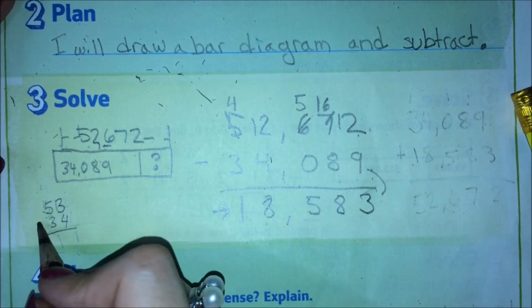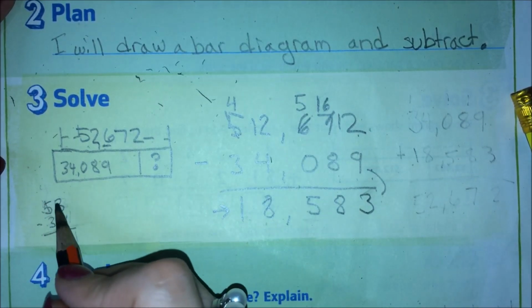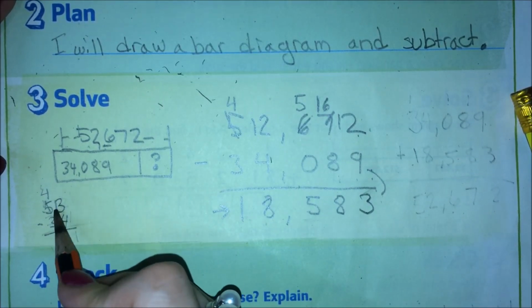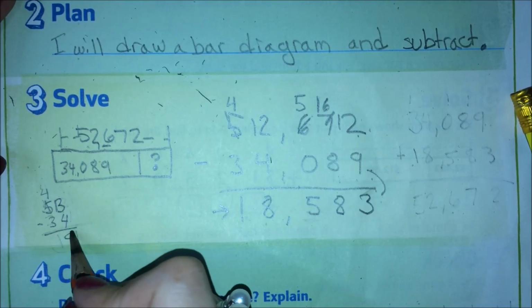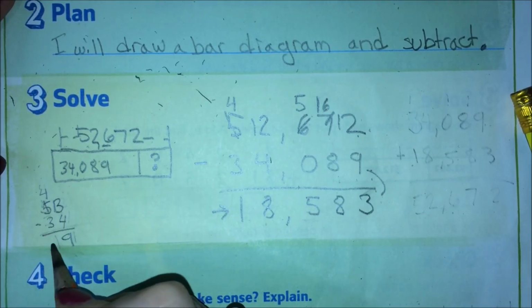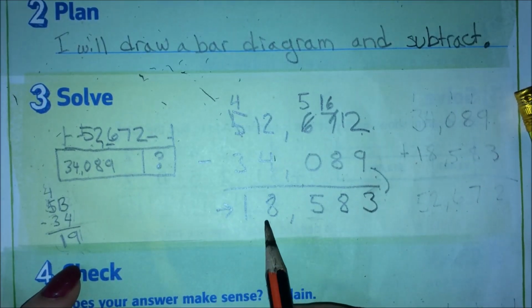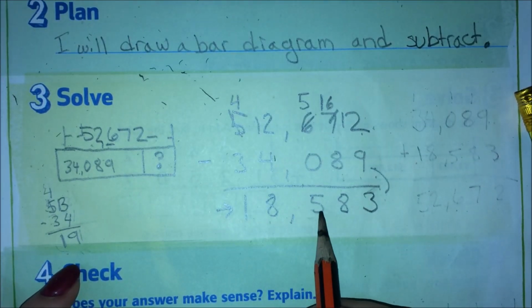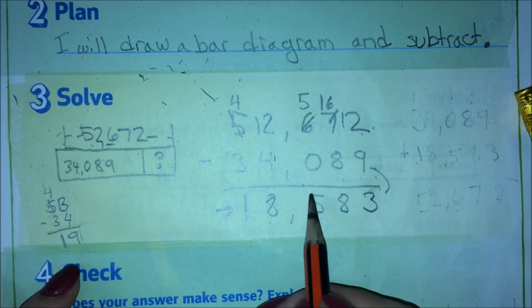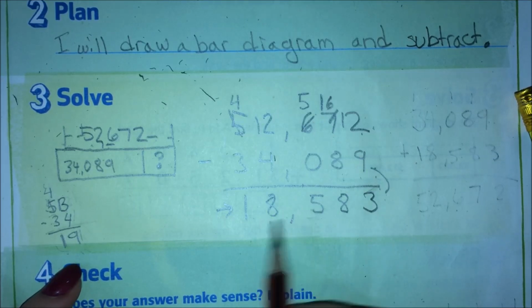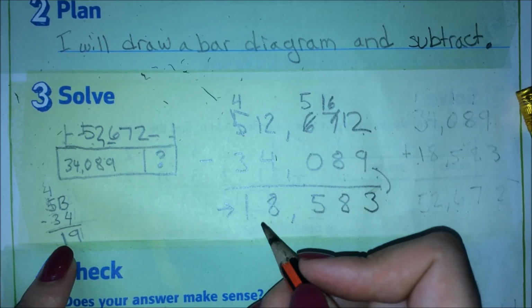Okay, and subtract, so 13 minus 4, 9, 4 minus 3, 1, 19. Is 19 close to 18? Yes, if you consider that this digit, 5 and up, push it up. So you would round this number to 19. Okay, so they're about the same.